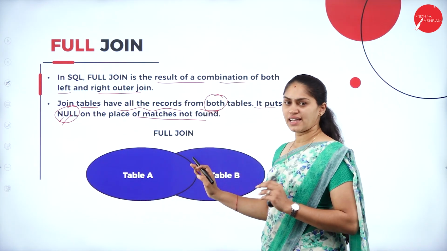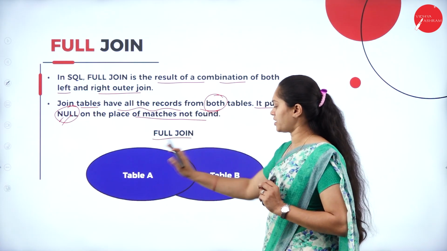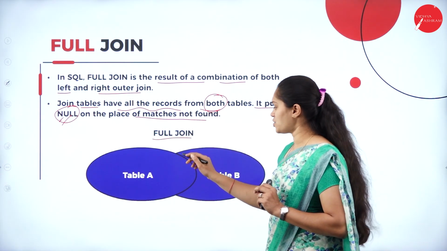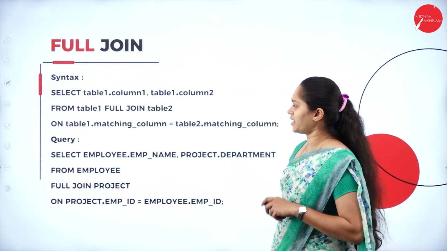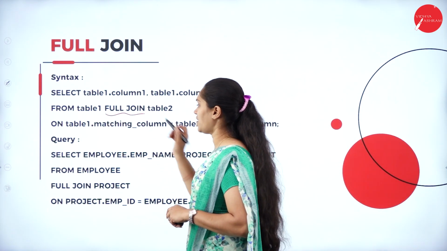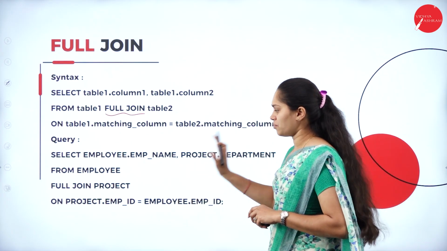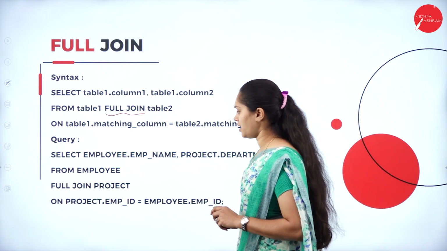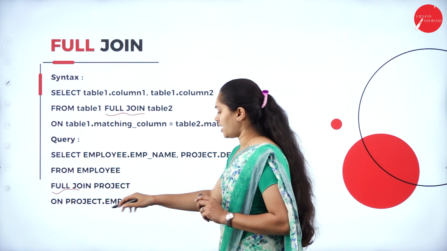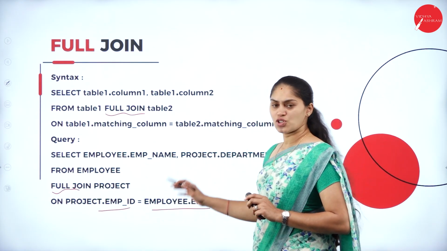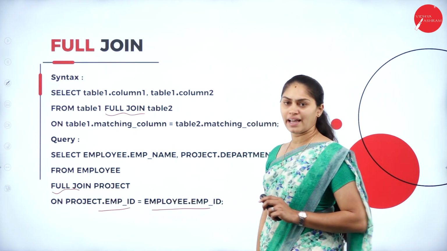You can see the diagrammatic notation of this full join, table A and table B. So here I am not taking only the common part, we are taking all the values together. Syntax is same, but here we have to use full join, and I am using the same query here. We are using full join on the project and employee, on the basis of employee ID that should be present in both project and employee.